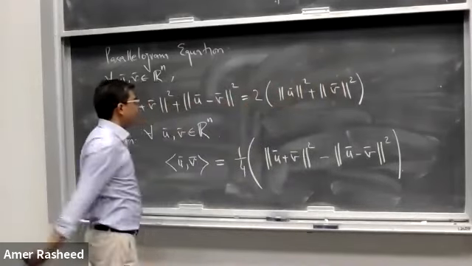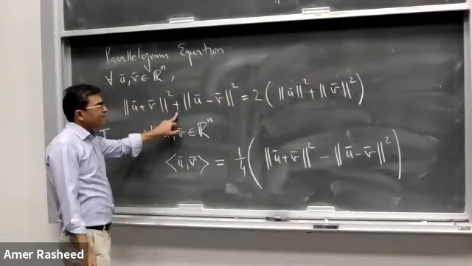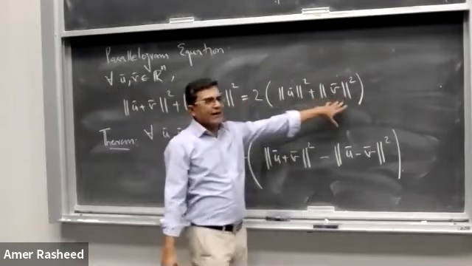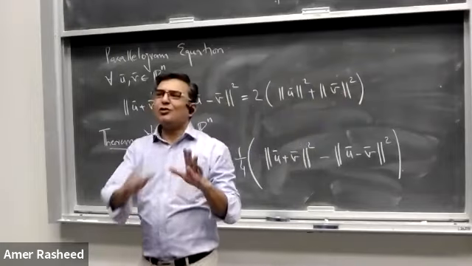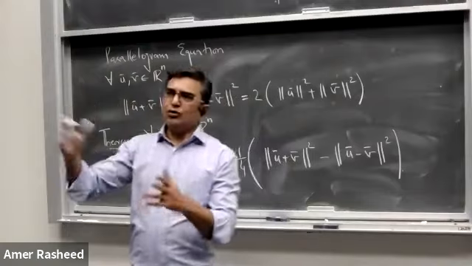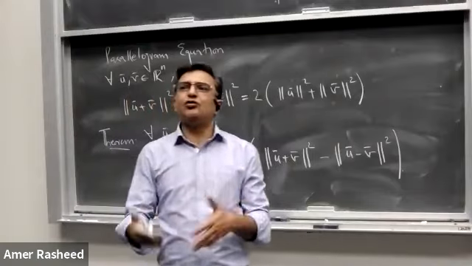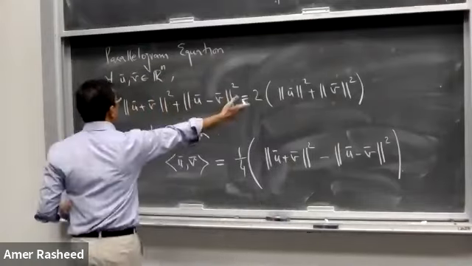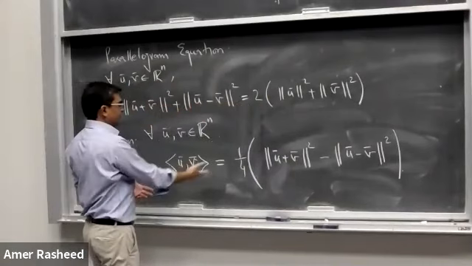So this will be true. If you put a negative sign here, your norm terms will be cancelled, and you will get 2 inner product of uv plus 2 u dot v, which is 4 times u dot v. So we divide by 4 on the other side, and you will get this equality.